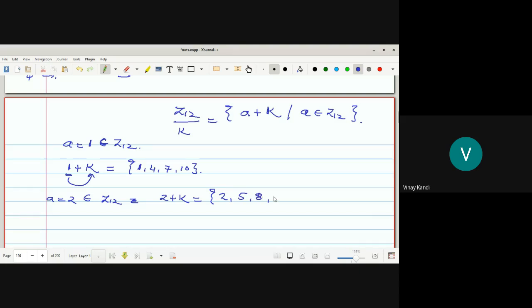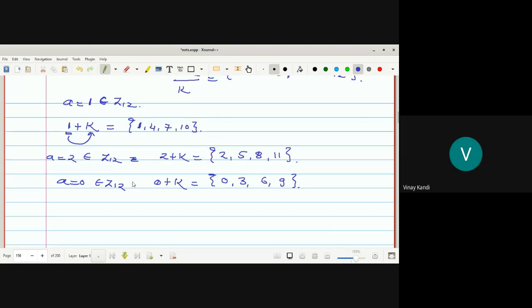Now suppose a is equal to 0, which belongs to Z12. 0 plus K is 0, 3, 6, 9. This is 0 plus K. This is 1 plus K, which is 1, 4, 7, 10. This one is 2 plus K, which is 2, 5, 8, 11.